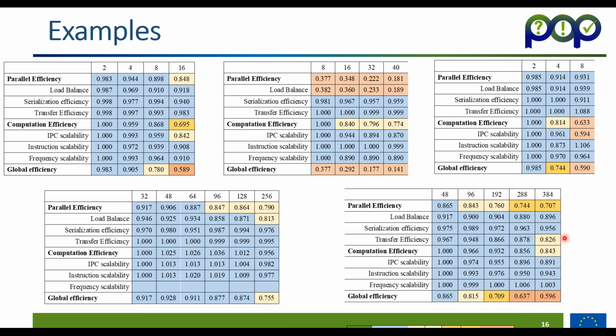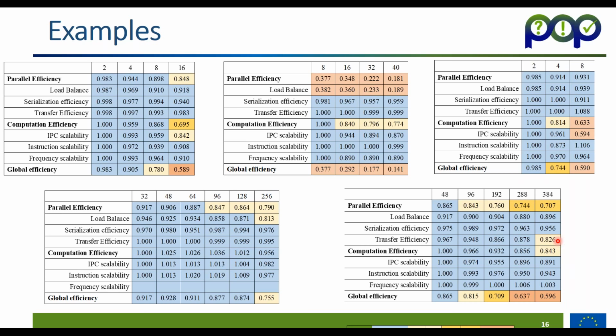So we see here a situation where there are 2 factors. One of them is computational efficiency, which is 0.84. Each of the individual components, the IPC, instructions, or frequency, is not that bad. It's okay, but the product of them gives something like 16% efficiency losses.